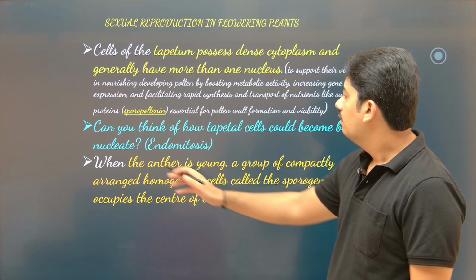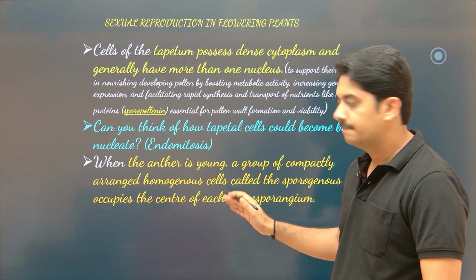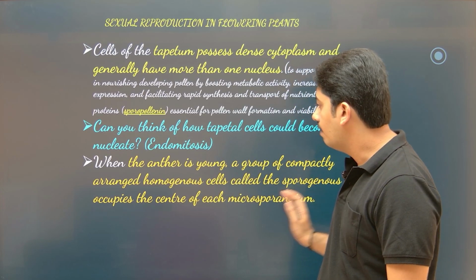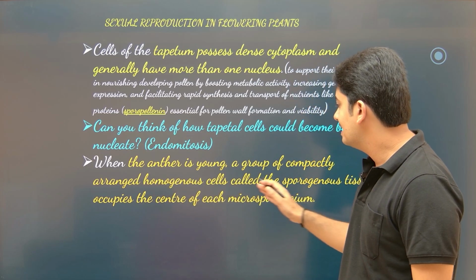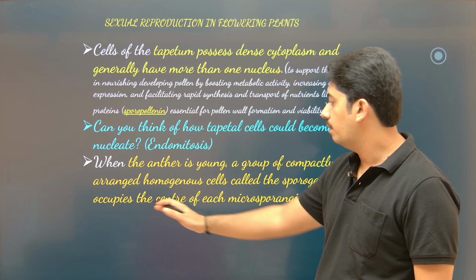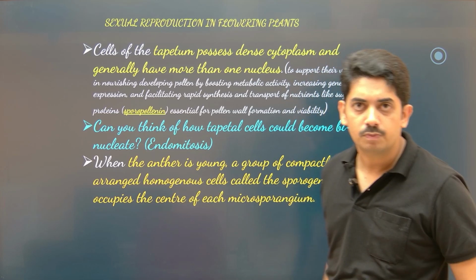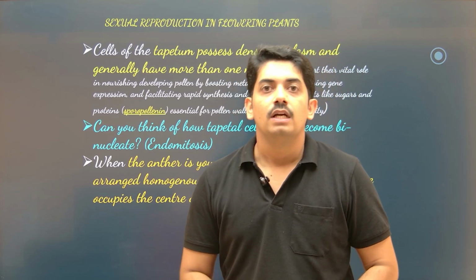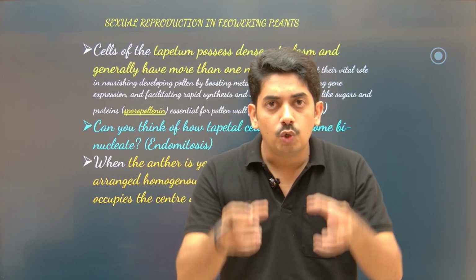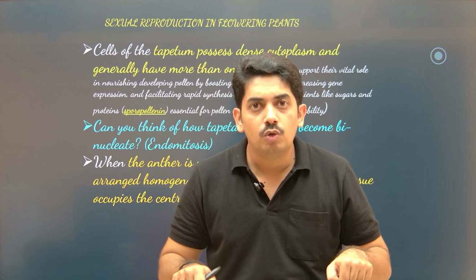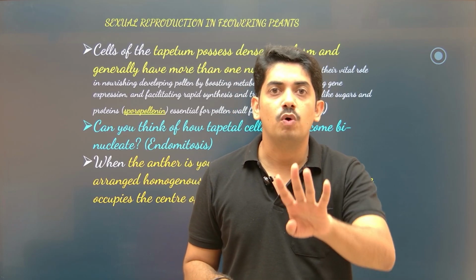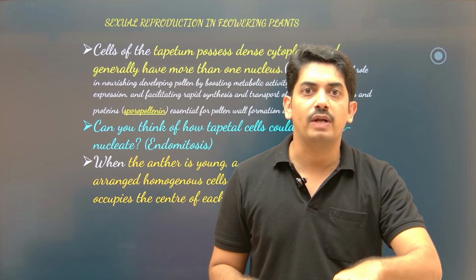Okay, when the anther is young, the group of compactly arranged homogeneous cells called sporogenous tissue occupies the center of each microsporangium. As we studied, in an anther, two lobes are present, corner of the lobes inside consisting of 4 chambers, and that is called microsporangium.